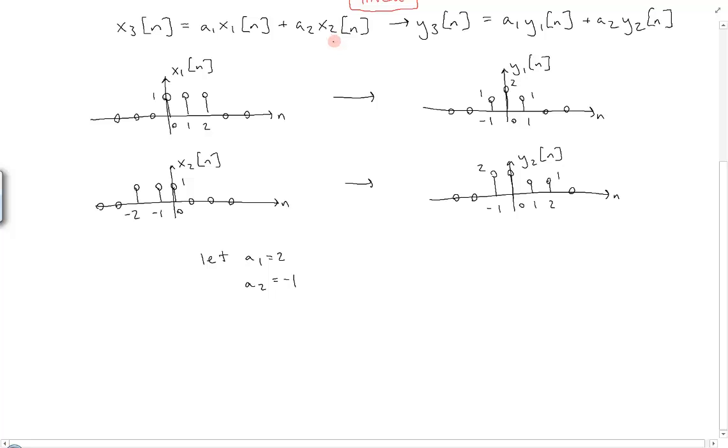And then I want to see what the output is going to be due to the linear combination here of a1 x1 plus a2 x2. So I'm going to add these two together, the scaled versions of these two signals, and see what they bring about. And if they bring about the same scaling of the corresponding outputs, then the system is linear. So in this case, I'm going to assume that the system is linear and show what the output would be.